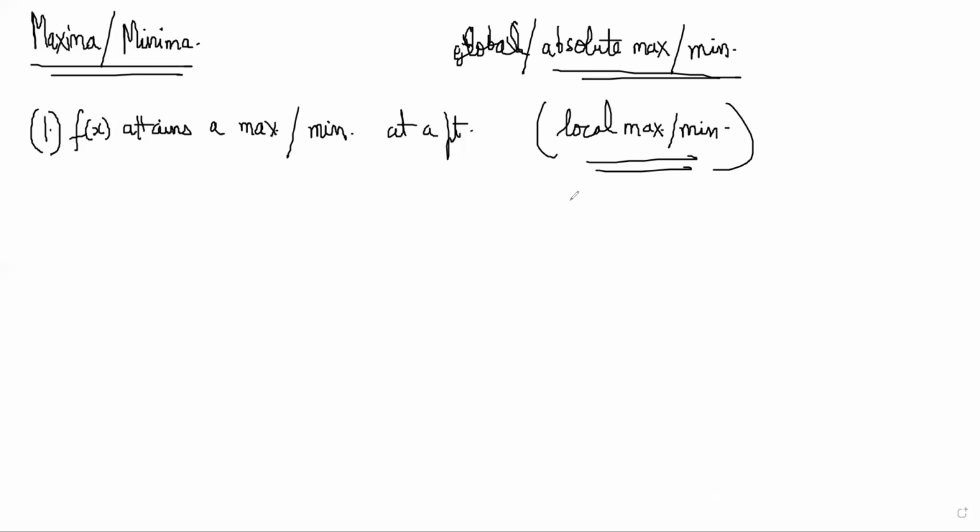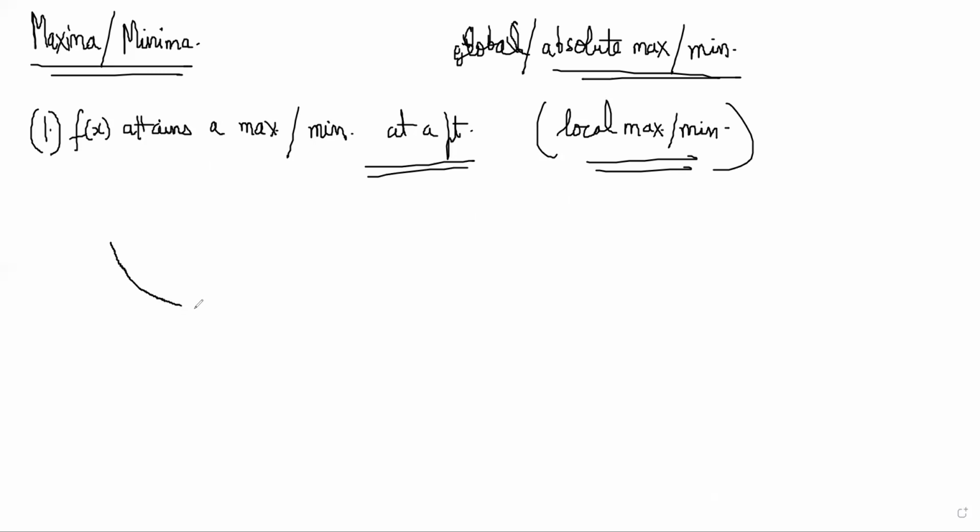So there could be multiple points where a function attains local maxima or minima. Out of all of these points, you can find which point is highest and which is lowest. That will be your global or absolute maxima and minima, correct? So first we will understand what it means for a function to attain a local maxima or minima at a point.